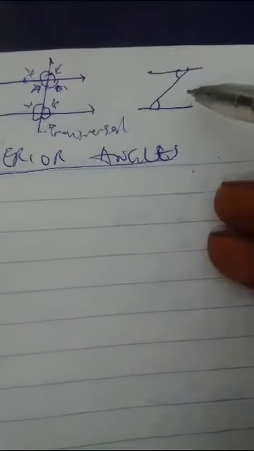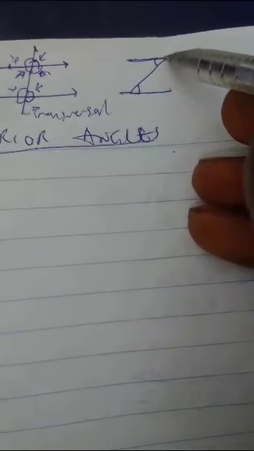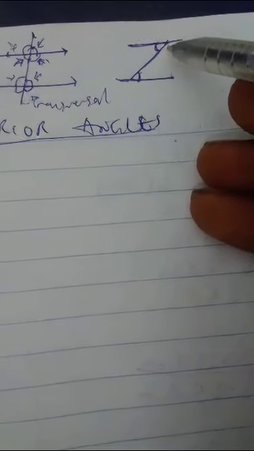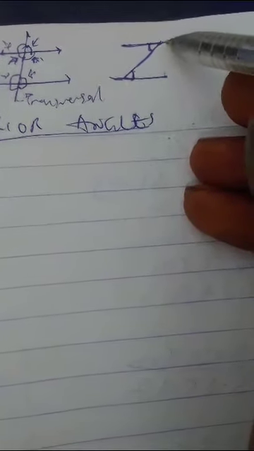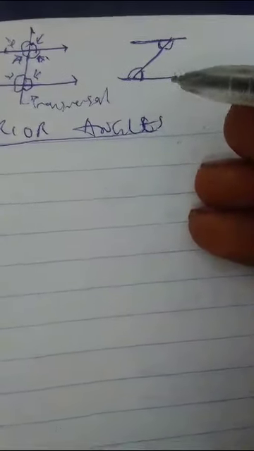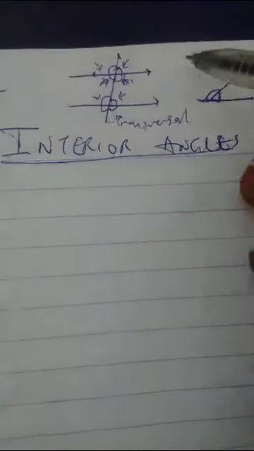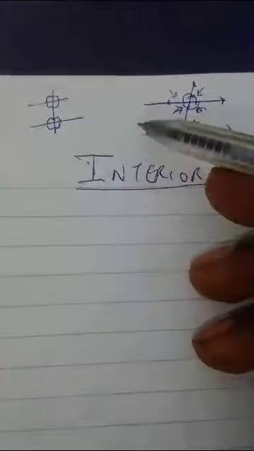So for our alternate angle, let's see a diagram here, derived from writing something like the letter Z. So here, this side and this opposite side is alternate because it's within our transversal line. Also here and here is an alternate angle. Don't forget all these three angles are all equal.